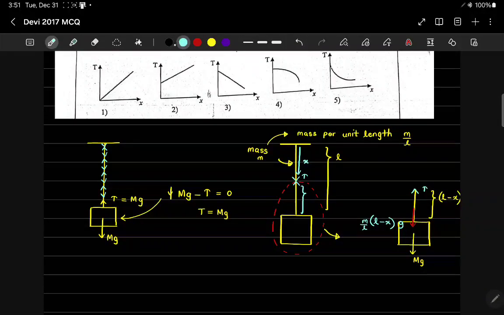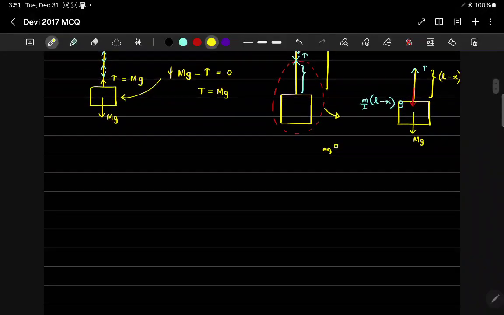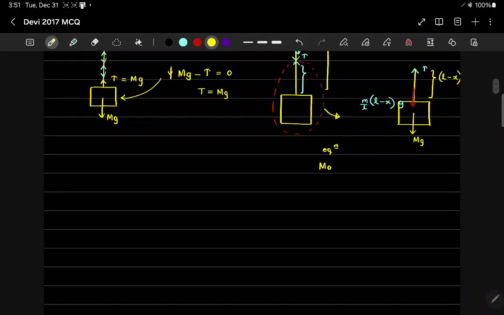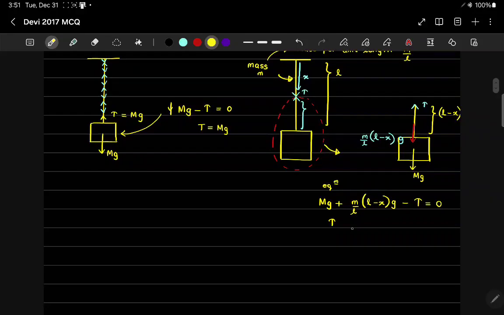Now if we consider the equilibrium of this part, mg plus the weight of the string minus the tension should be equal to 0. So we obtain a relationship between the tension and x with the other constants.